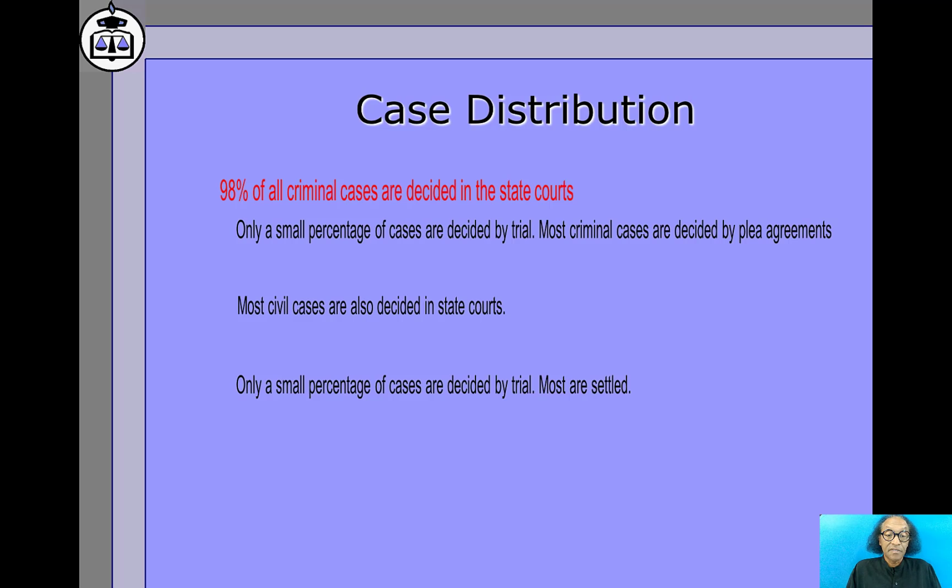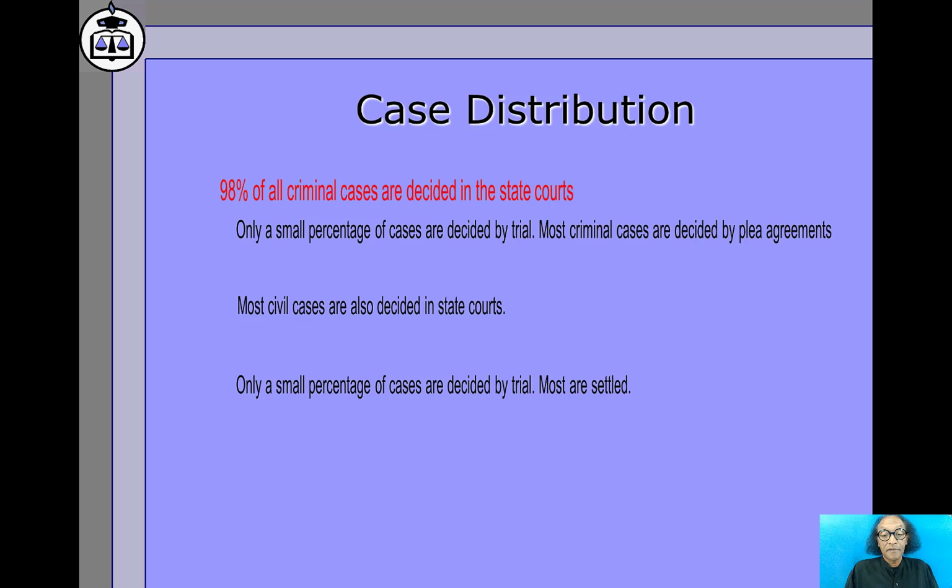That's why most criminal cases are plea bargains, and the same with civil cases, because the outcome is always uncertain. You go to trial, it could be all or nothing. If you have a strong case, you may go to trial, but you cannot be absolutely sure that you can win, so you may settle the case for a lesser amount.